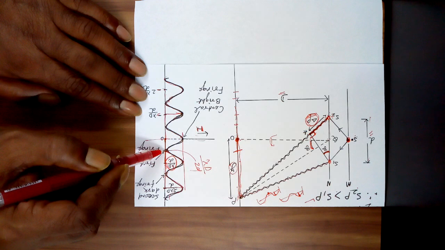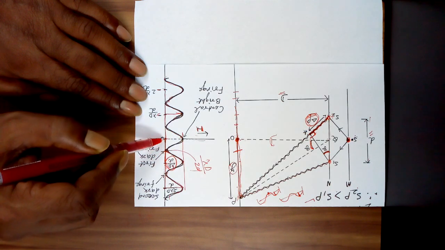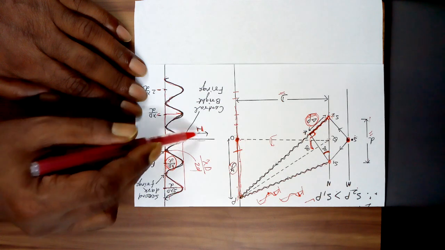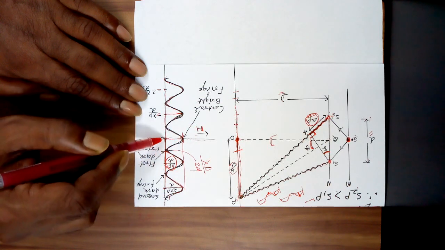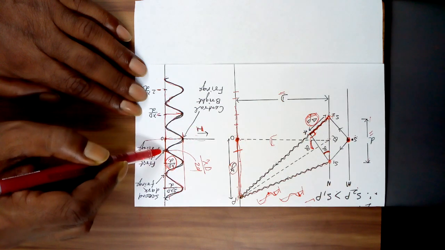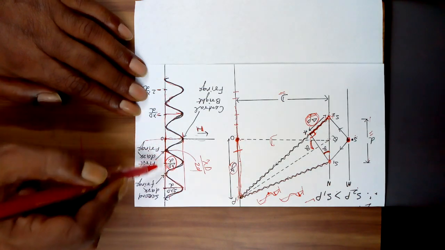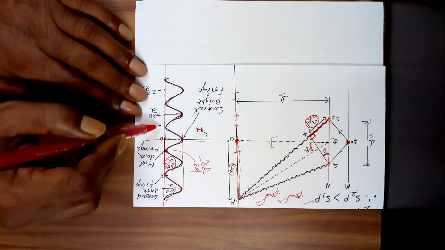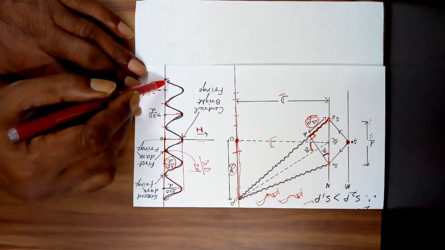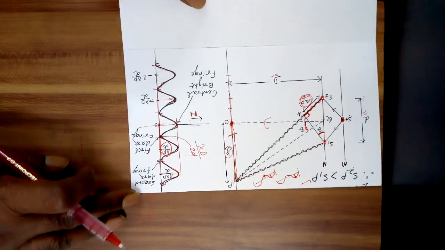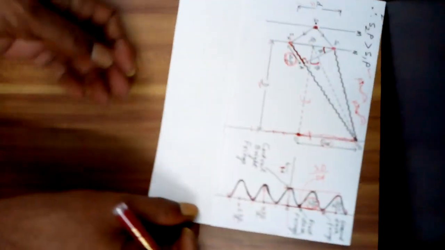Here the intensity is minimum. Look, the intensity is increasing to this side. Here the intensity is this much. Here the intensity is 0. So at this point the intensity is minimum. Similarly, this point, this point, this point, and to this side, this point, this point, this point. These are the positions on the screen where the intensity is minimum due to a destructive interference.